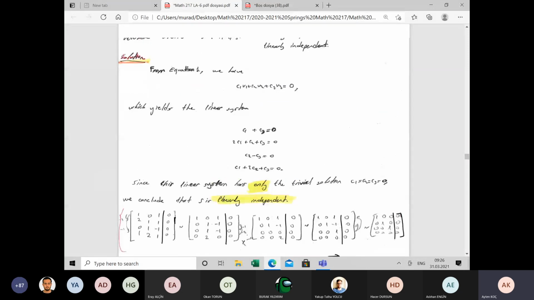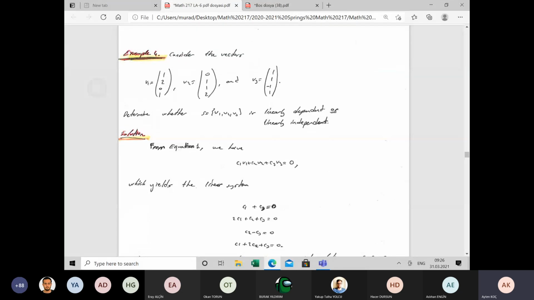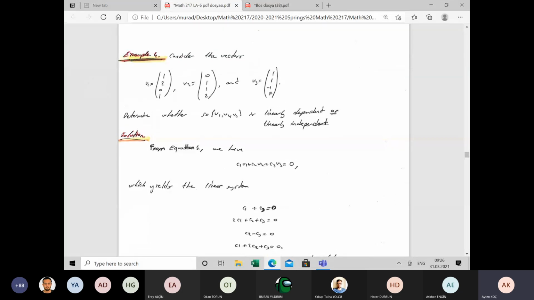Consider these vectors v1, v2, v3 and determine whether S containing v1, v2, v3 is linearly dependent or independent. So write the equation C1 v1 plus C2 v2 plus C3 v3 is 0.